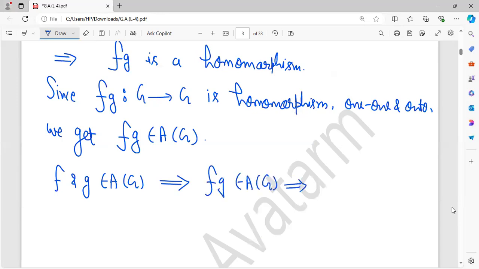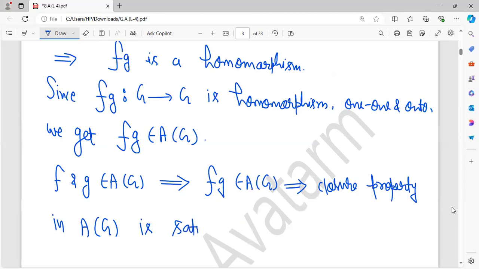This implies the closure property in A(G) is satisfied. Okay. So closure property is satisfied.